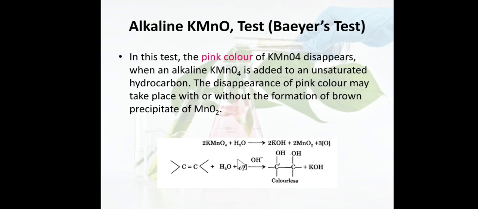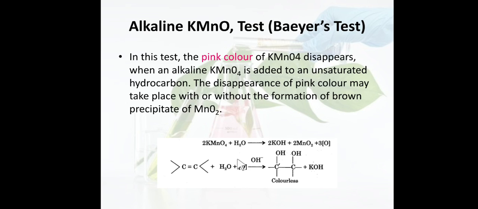Similarly, if we have unsaturation in the natural product, we can use the alkaline permanganate test, very well known as Baeyer's test. So instead of using Br2, if we use permanganate, it also adds across the double bond, and the disappearance of the pink color happens because there is formation of a brown precipitate of MnO2.